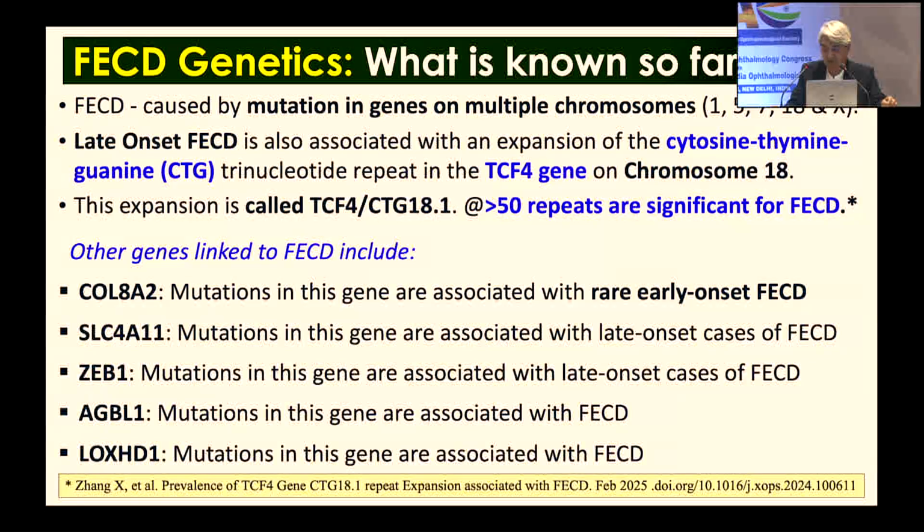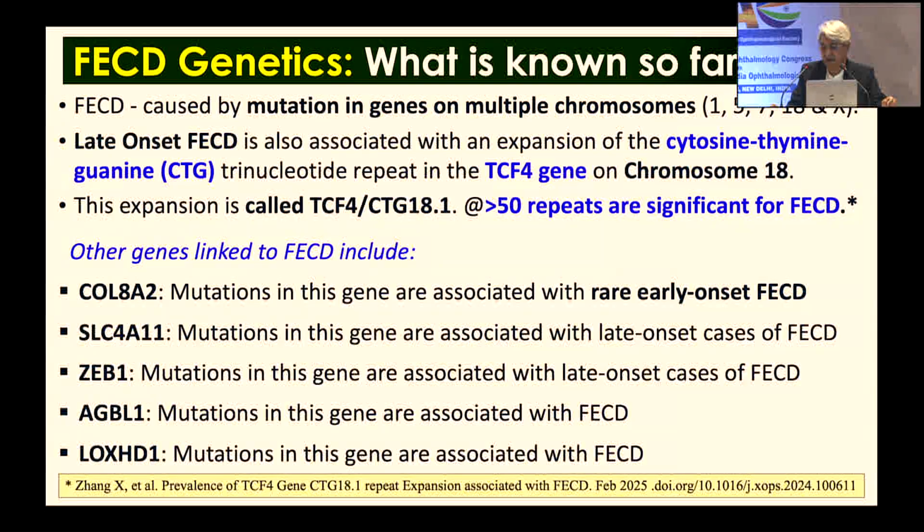For late onset FECD specifically, even in February there is one big review article in Ophthalmology: the TCF4 gene on chromosome 18 has a trinucleotide repeat, cytosine, thymine and guanine, CTG repeat. It is called CTG 18.1. If there are more than 50 repeats, it is significant for FECD.